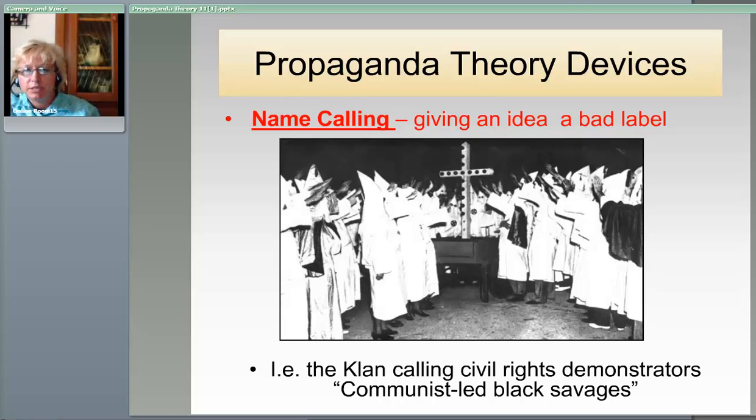But the Ku Klux Klan labeled them as communist black savages. They took some very negative terms and placed them with the civil rights demonstrators. Thus, name calling can be very, very powerful. Again, I disagree with what they did. I think they were an awful group, but they understood the power of propaganda.